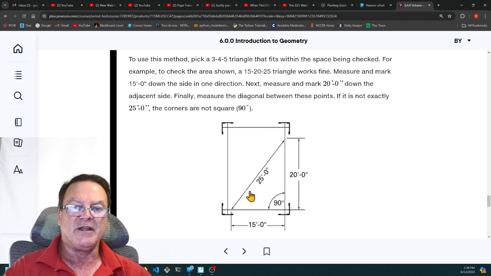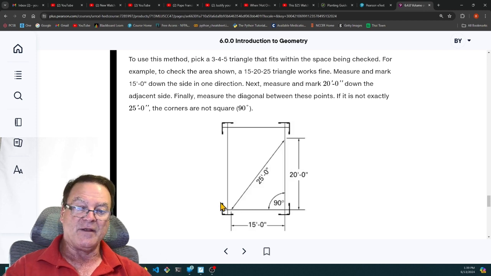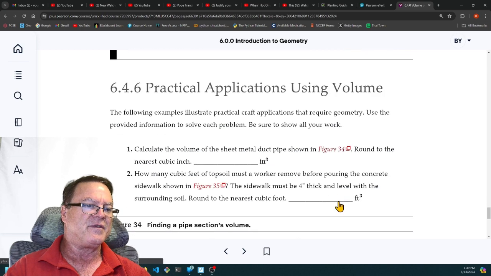And you use that a lot in construction to make sure that your angles are a true 90-degree angle. And once you get all 4 of your corners staked off, go ahead and take 2 measurements catty corner diagonally, and they should be the same measurement. If they're not, then you need to adjust your stakes just a little bit in order to make sure that they're the same length.